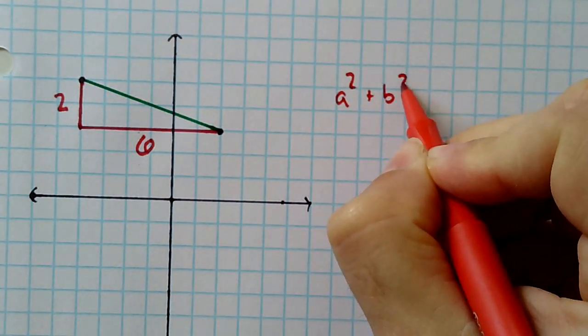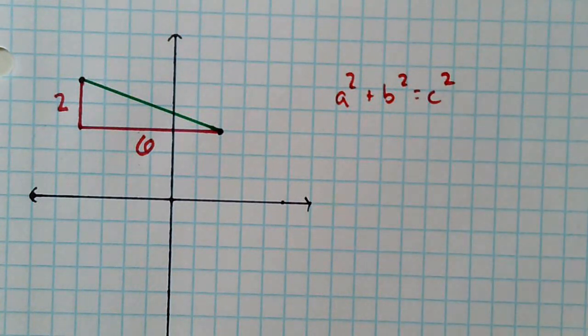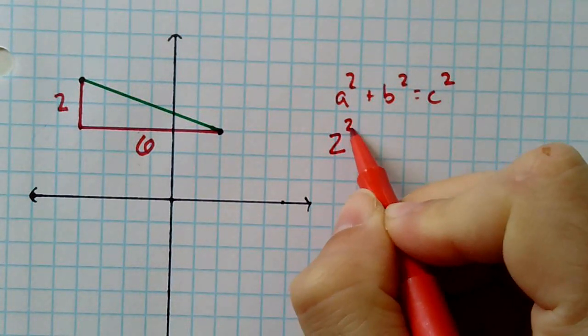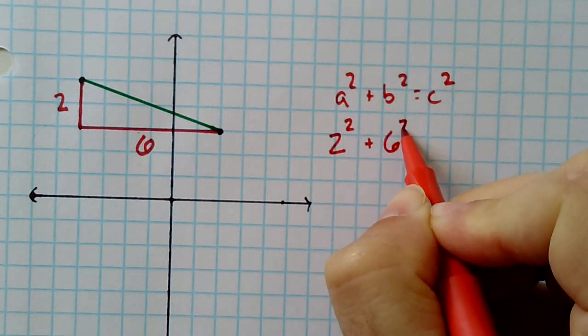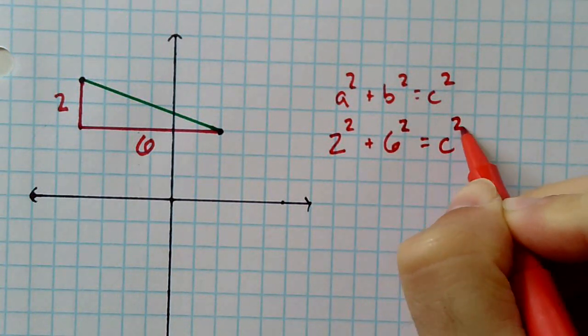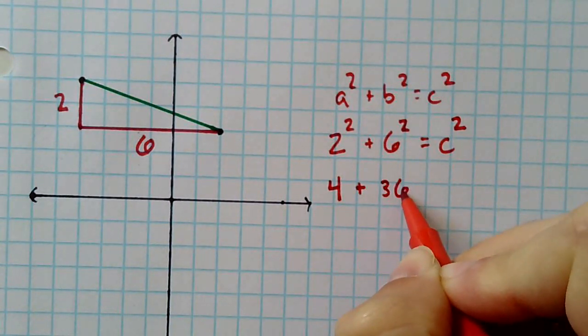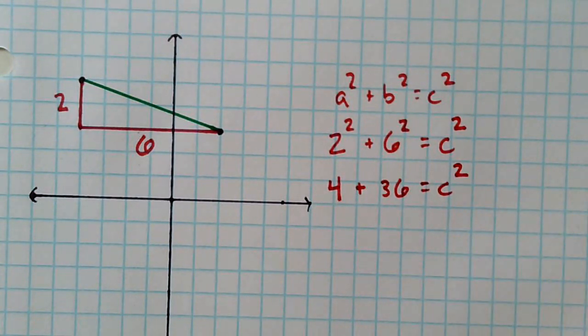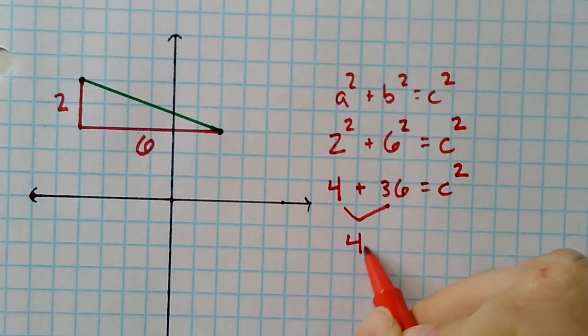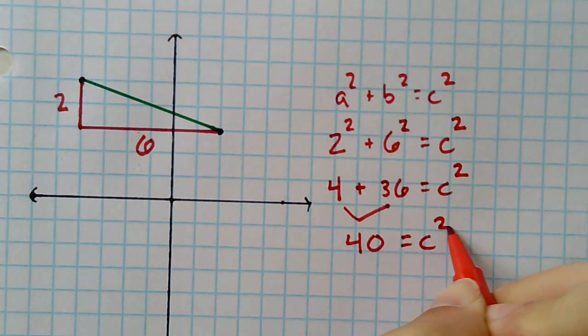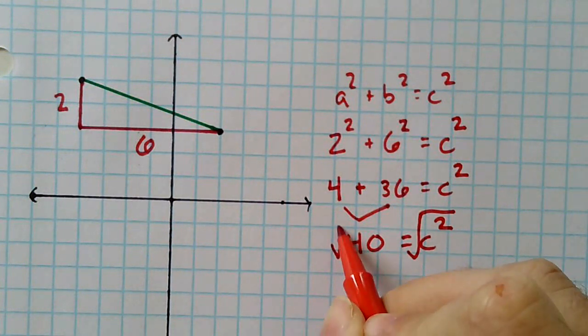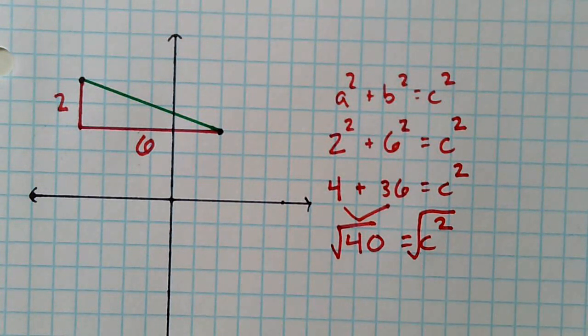All right, so the Pythagorean theorem: a squared plus b squared equals c squared. 2 squared plus 6 squared equals c squared. That's going to be 4 plus 36 equals c squared. Take the square root, and the square root of 40 is about 6.32.